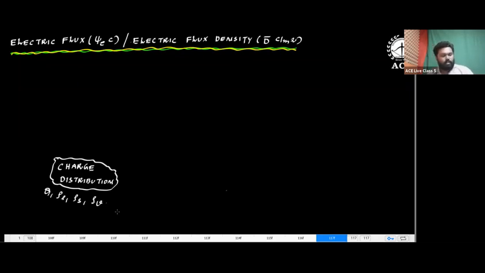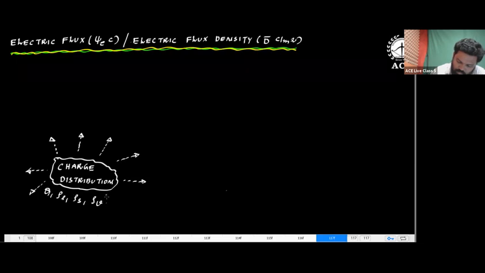Okay. So if I have a charge here like this, what is there around this one? There are electric field lines. Now I'll place some surface here, an open surface.